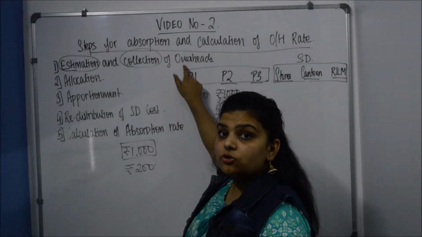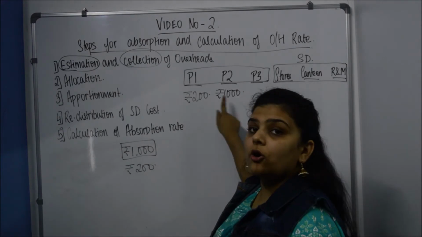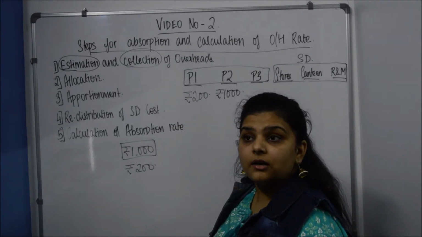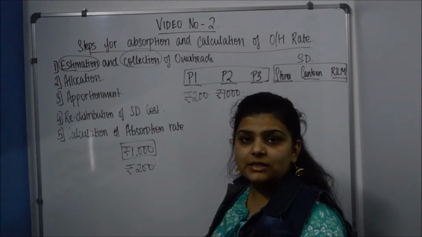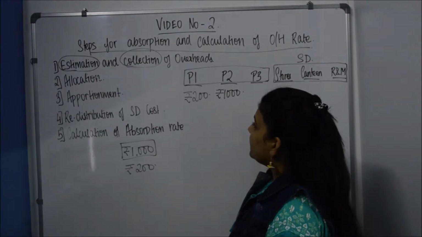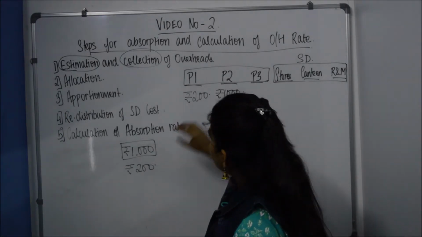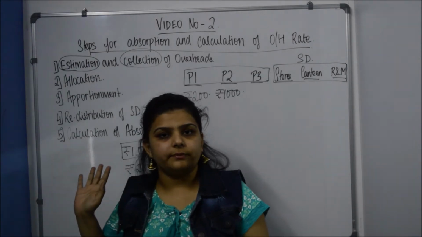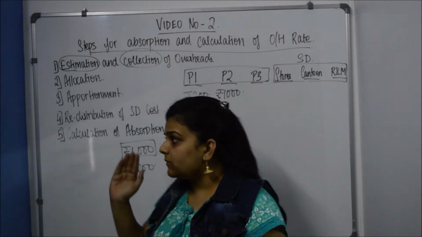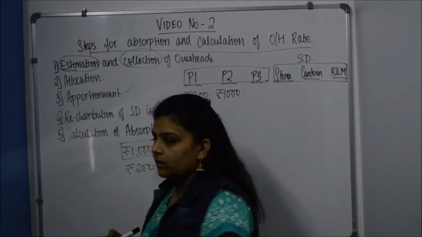It is the distribution of overheads to the department for whom the cost is incurred directly without taking any particular basis. जिस डिपार्टमेंट के कारण हमने कॉस्ट इनकर किया उस डिपार्टमेंट को डायरेक्टली उतना कॉस्ट दे दो. That is allocation. Clear?